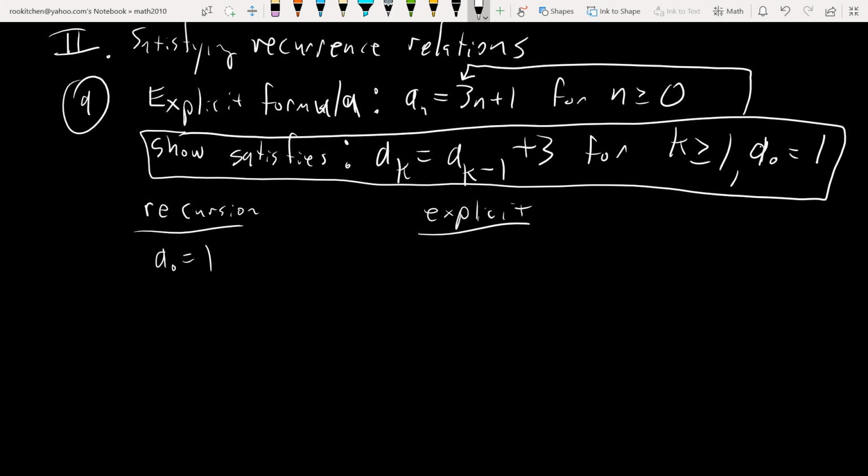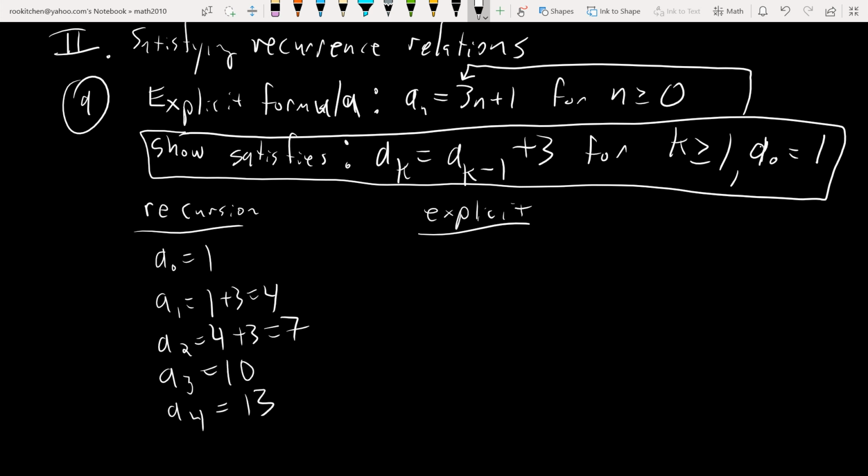So a sub 0 is 1, a sub 1 is the previous one plus 3, so that's 4, a sub 2 is the previous one plus 3, so that's 7, plus 3 is 10, a sub 4 is 13, a sub 5 is plus 3 is 16.